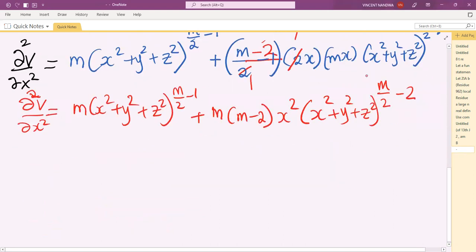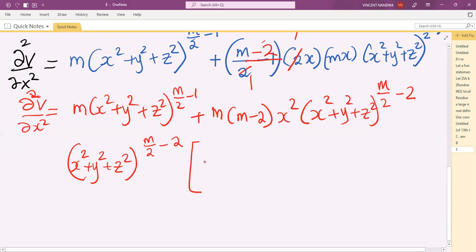So you factor out this bracket with this power. So we'll have x squared plus y squared plus z squared raised to the power m over 2 minus 2 into brackets.